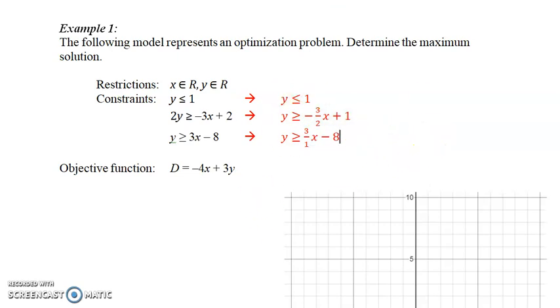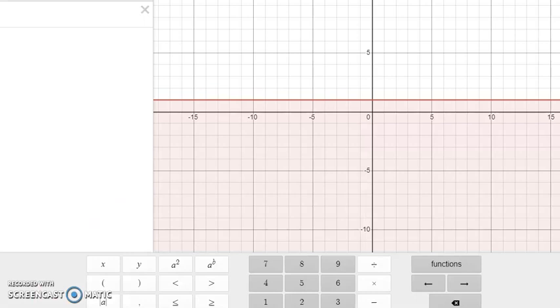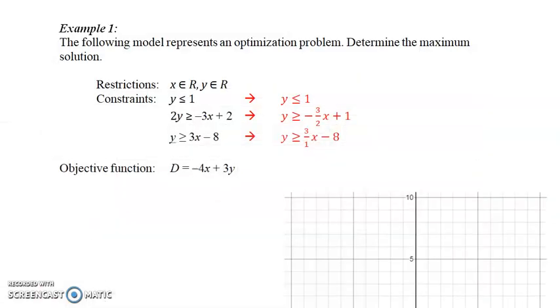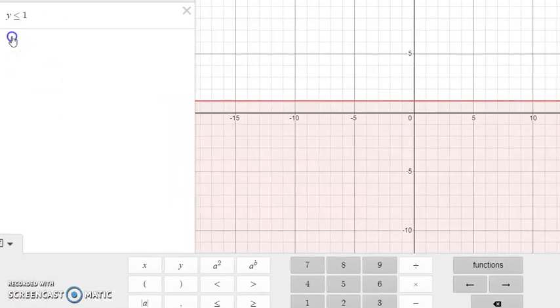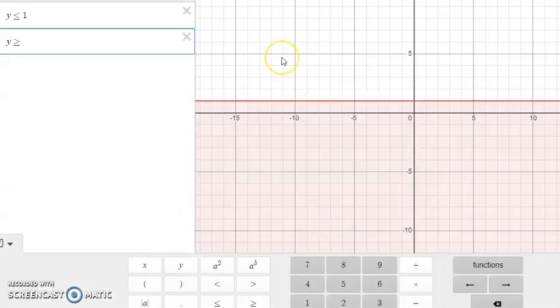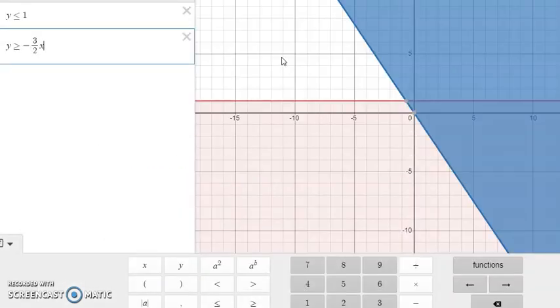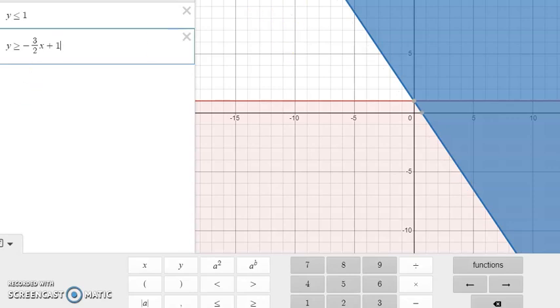All right? I've already graphed the first one, y less than or equal to 1. Graph the second one here, y greater than or equal to negative 3 halves x plus 1. Y greater than or equal to, and was it negative? Yes, it was. Negative 3 halves x plus 1.